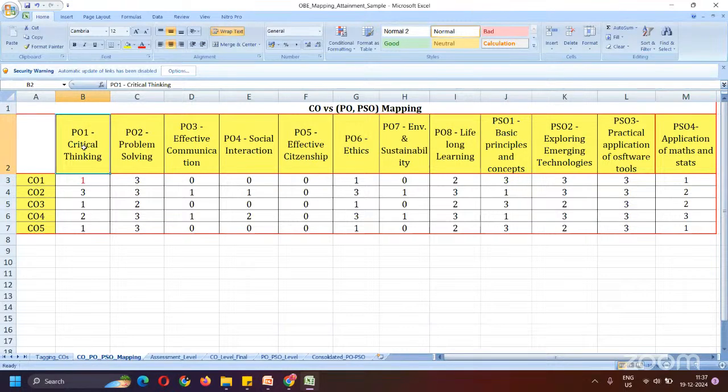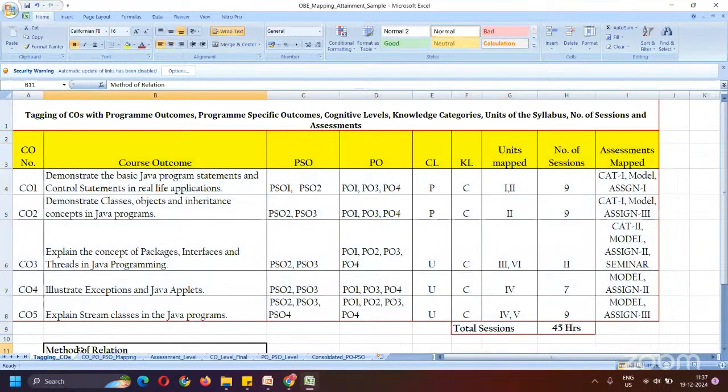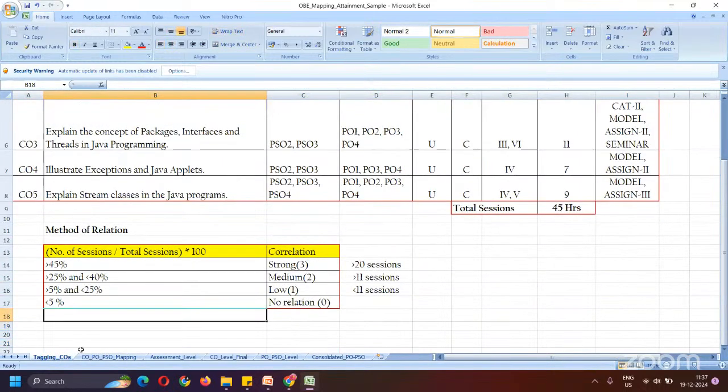If at least 5 to 25 percent of my classroom sessions are going to contribute to critical thinking, then I can map it at one level. That is what we call the method of relation. Look at that, it is less than 45, not 40.